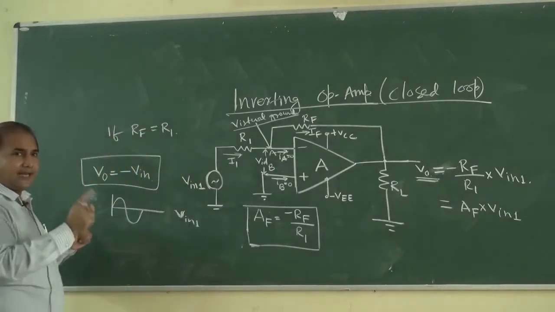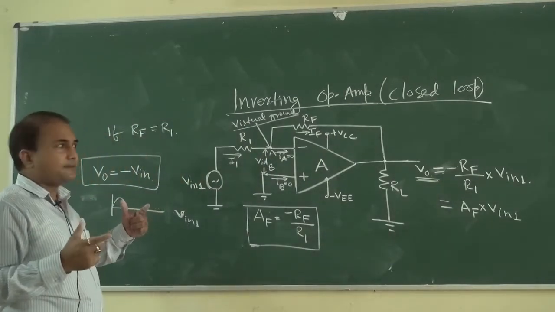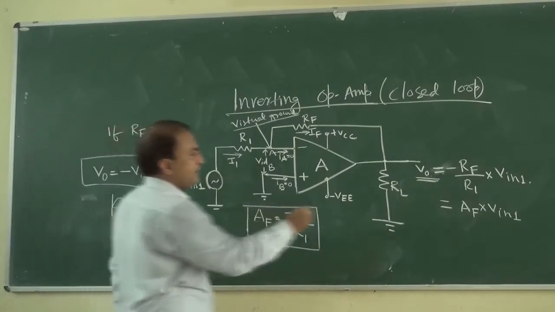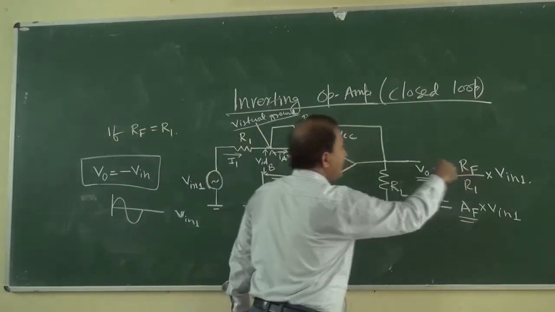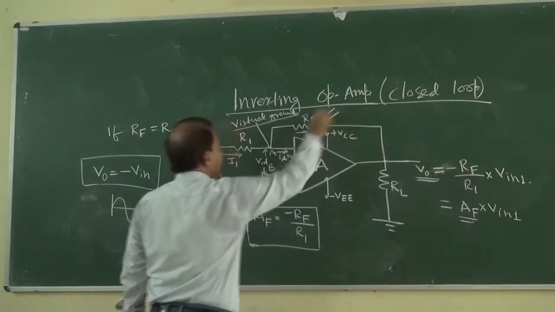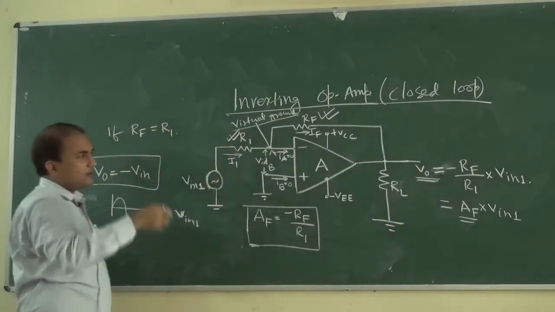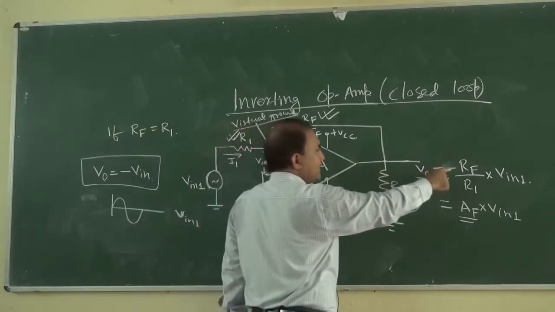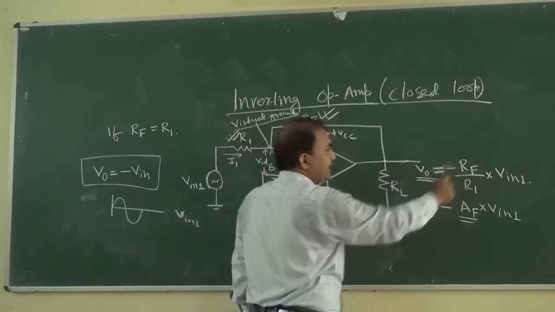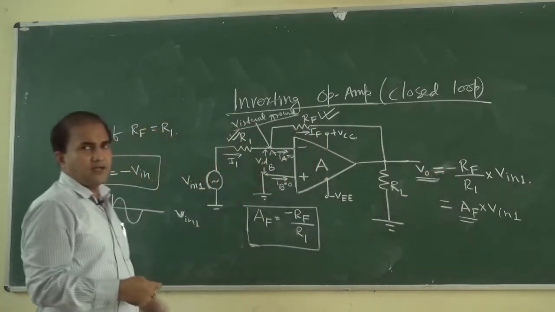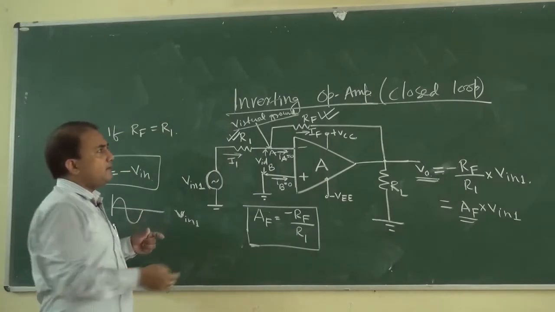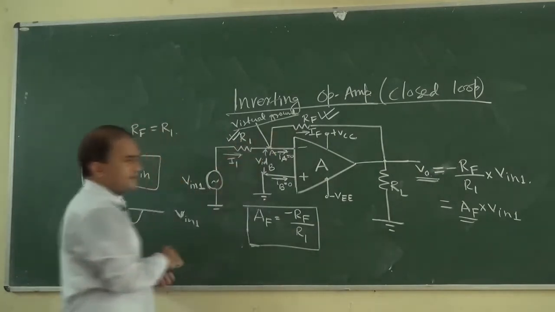So we can vary Vout, or we can vary AF, by varying the value of RF and the value of R1. Because here we are saying that the ratio is minus RF by R1 into Vin1. So we can vary Vout by varying R1 and RF.